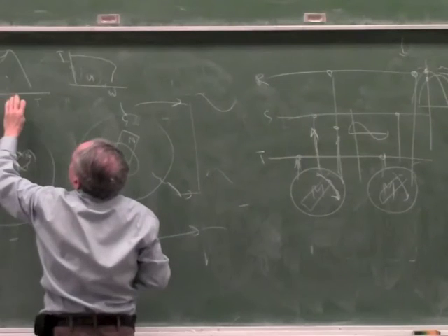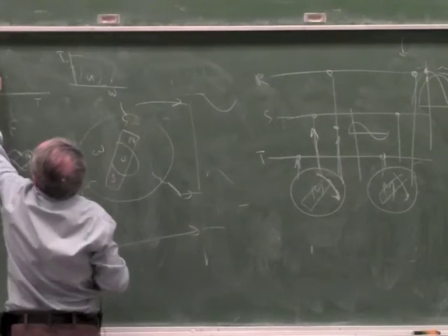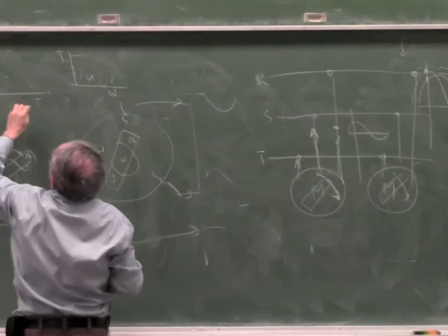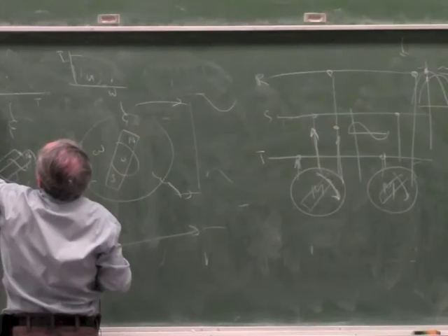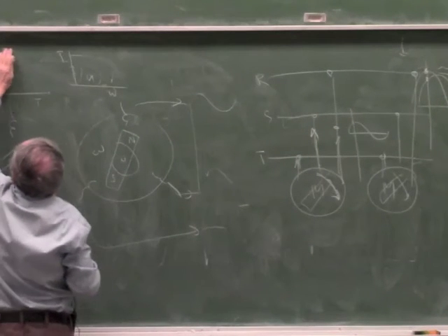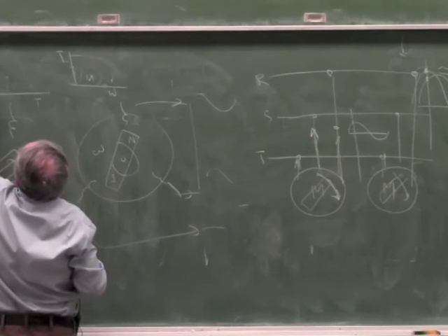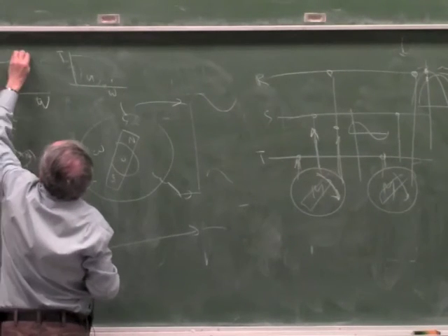Sorry, backwards. Both are backwards. So if I draw torque versus omega, it will be like this at 0 torque. I'm confusing myself now. Okay. If this is torque, this is omega, it will look like this.